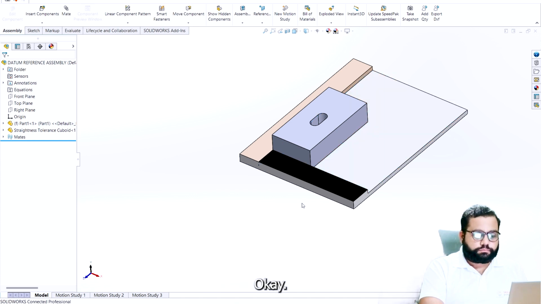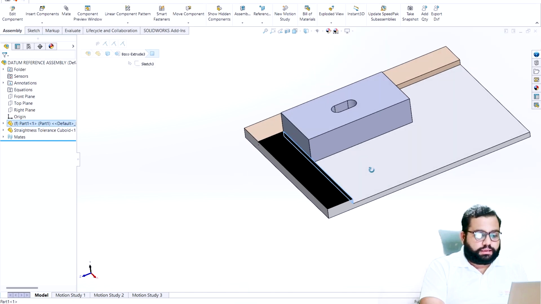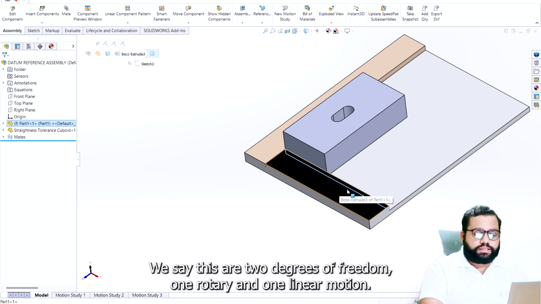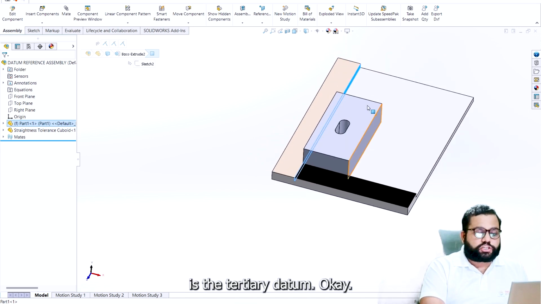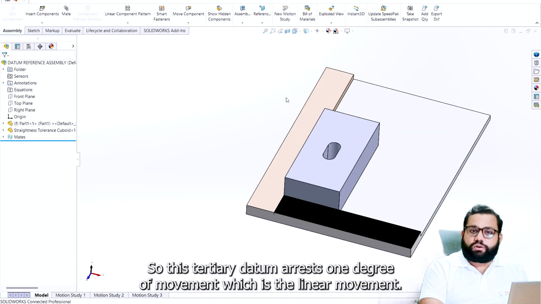Now, this is the second datum, the secondary datum. We say this arrests 2 degrees of freedom, 1 rotary and 1 linear motion. And this third is the tertiary datum. This tertiary datum arrests 1 degree of freedom, which is the linear movement.